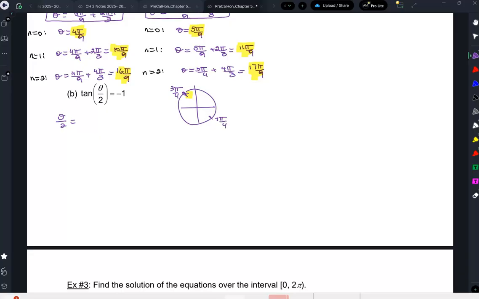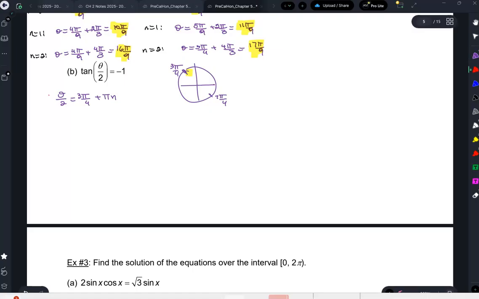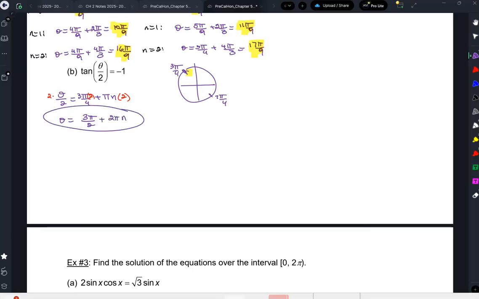But do you see how those are on a 180-degree line? So I'm just going to do the first one plus pi n. Okay? So then when I multiply everything by 2, I get theta is equal to 3 pi over 2 plus 2 pi n.